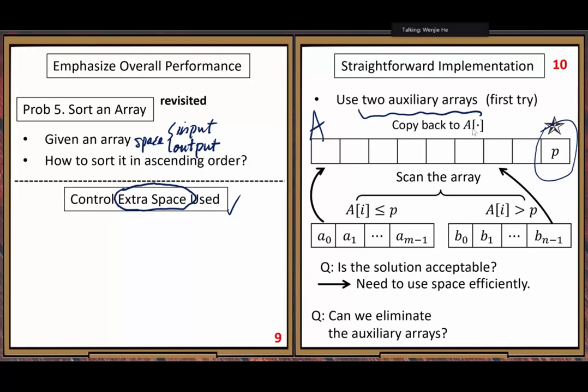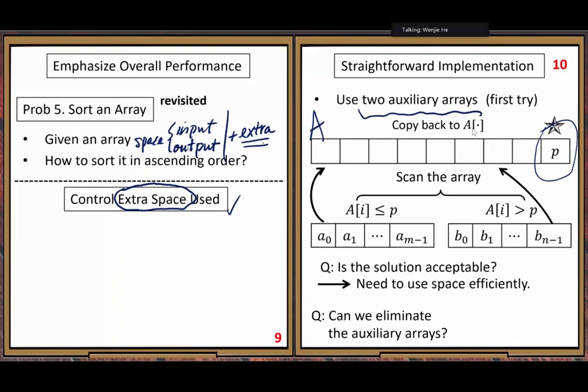But many times we need to use space other than the input and output. If we exclude the storage space for input and output, then that's the extra space.